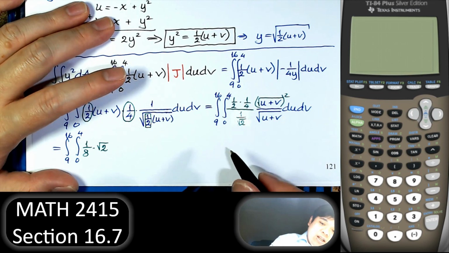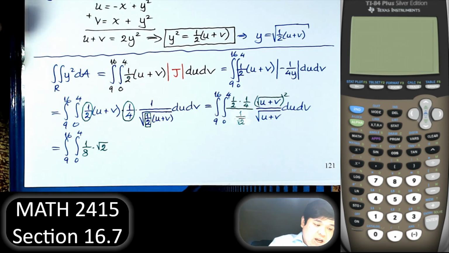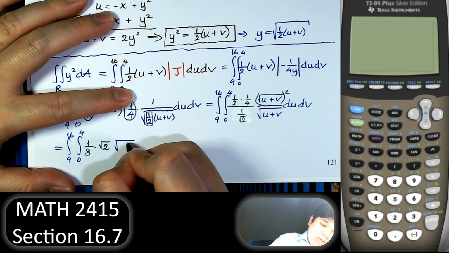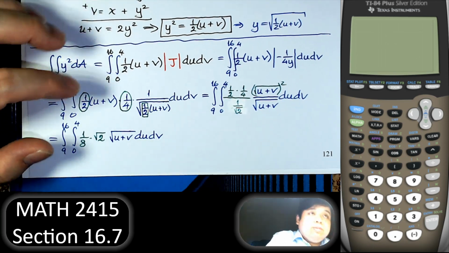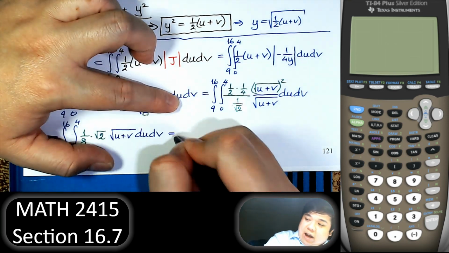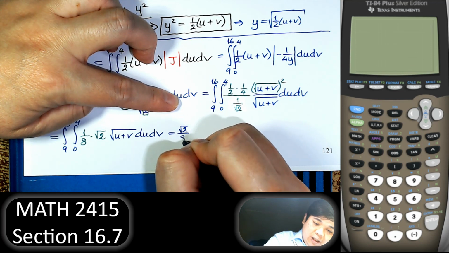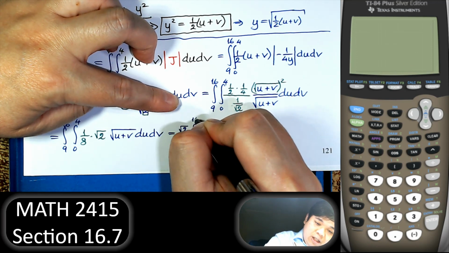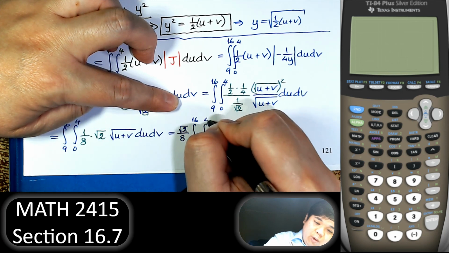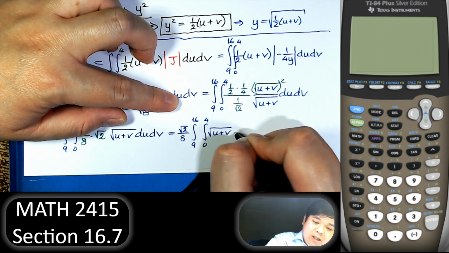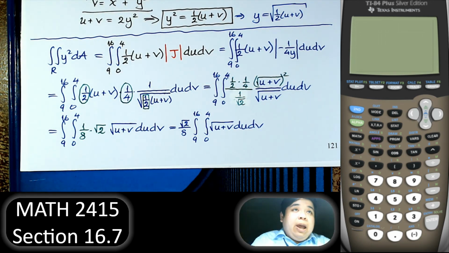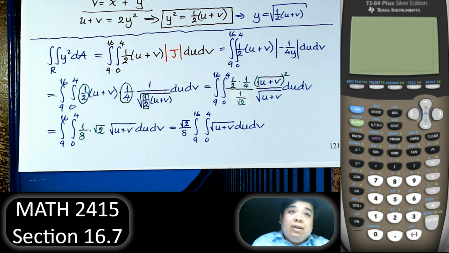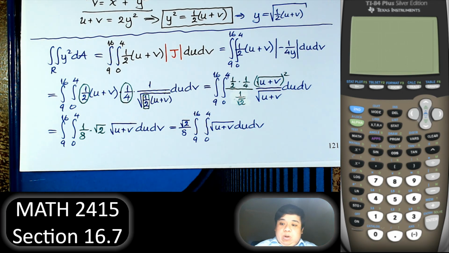So that cancels out, square with that, so we just end up with square root of u plus v du dv. Take the constant outside, square root of 2 over 8, 9 to 16, 0 to 4, square root of u plus v du dv. Right, if this is Fubini's theorem, that would be a lot better, but it's not. The function is not separable, so we just have to integrate.